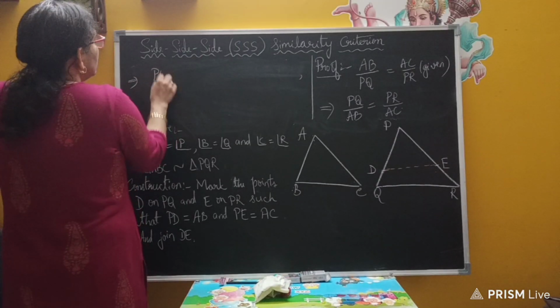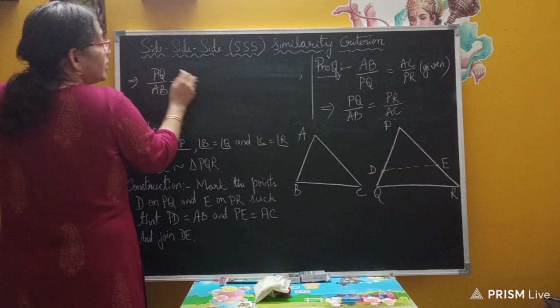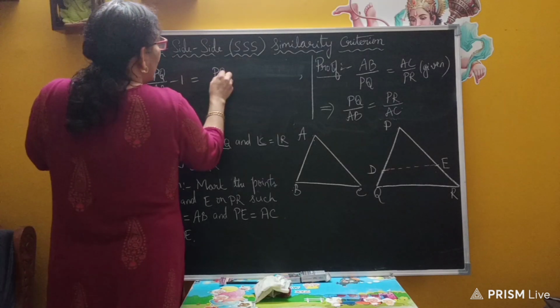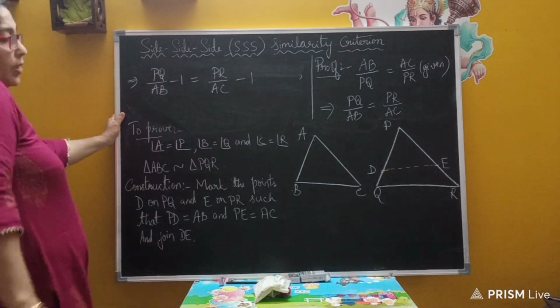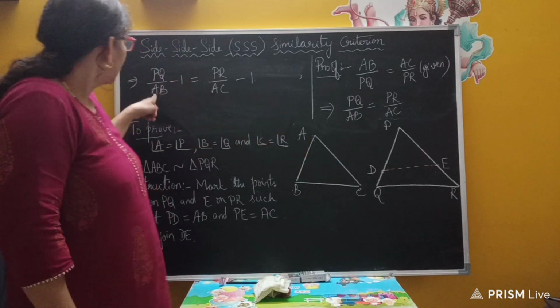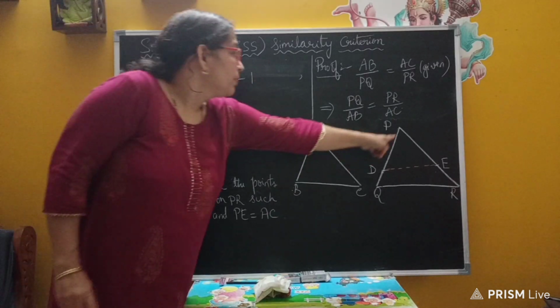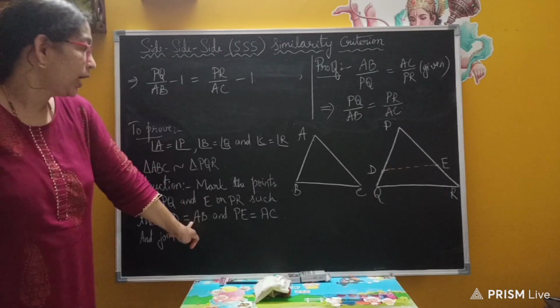So PQ by AB minus 1 is equal to PR by AC minus 1. Now see here, in place of AB, can we write PD or DP? Yes, because in the construction we have taken it so.